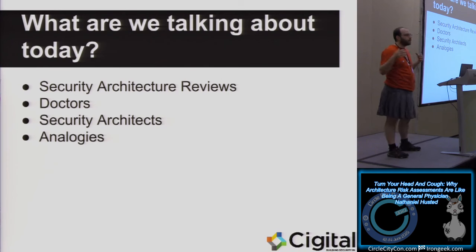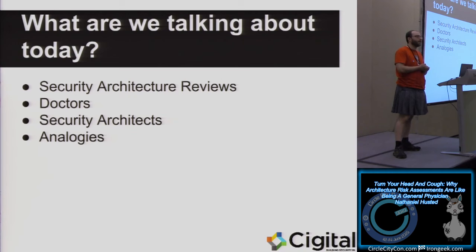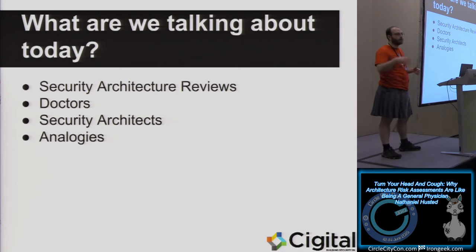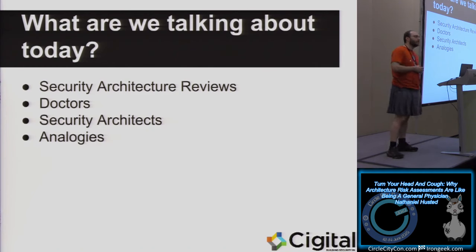At that point, there's enough foundational knowledge on these things that we're going to go into talking about the doctor's side of things and the analogy, and talking about how doctors and security architects are a lot alike in a number of ways, and how we can actually learn from each other in terms of process, with the end goal of this analogy being looking at how we can start scaling up and scaling out security architecture practices in a larger enterprise.